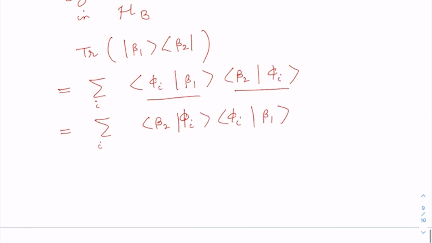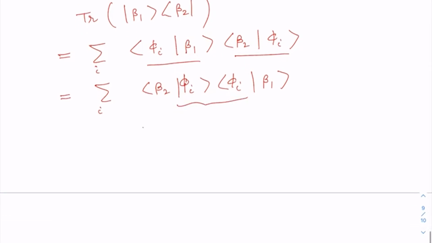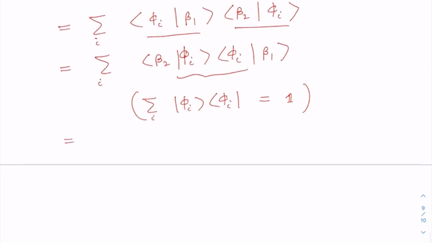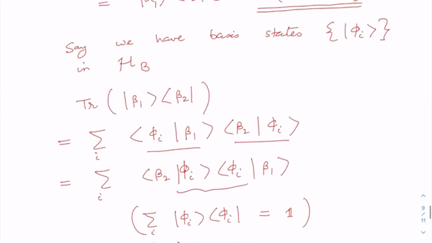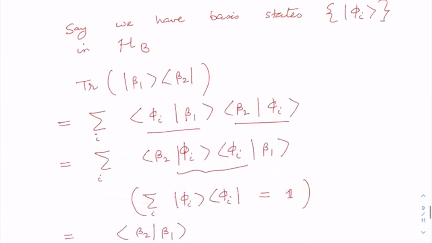Then I can use the completeness condition, which by now is very well known to you, and I simply get bra beta 2 ket beta 1. This is just a number, and I am left with the operator, so the system density operator is bra beta 2 ket beta 1 times ket alpha 1 bra alpha 2. That's how we can work it out.